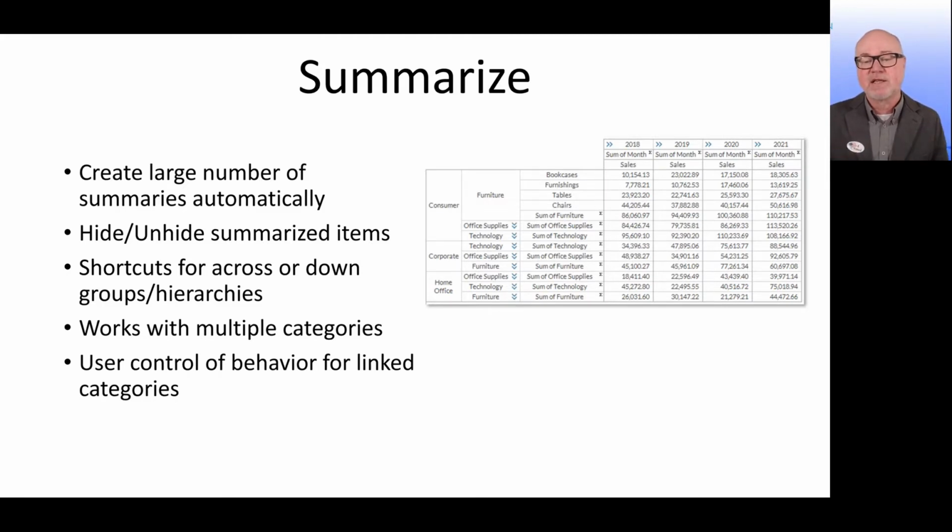So this in effect allows you to roll up and drill down very transparently across very complex, long data sets that have hierarchies, grouped items, and/or multiple categories on the same axis. It behaves a little bit differently for one versus the other. Go and check out our What's New video if you want to see the details of that.